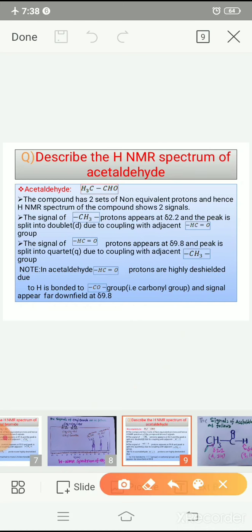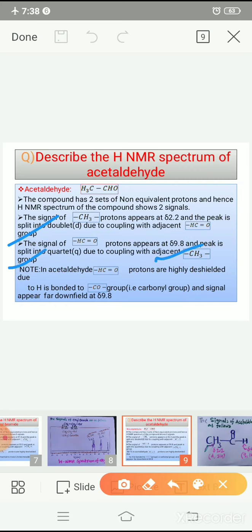The signal of CH3 protons appears at delta 2.2 and the peak is split into a doublet due to coupling with the adjacent C double bond OH group. Second signal. The signal of C double bond H protons appears at delta 9.8 and the peak is split into a quartet due to coupling with the adjacent CH3 group.